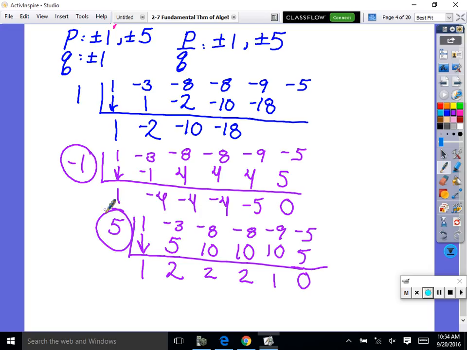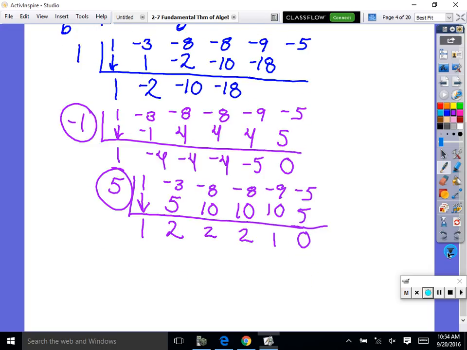So if we did synthetic division twice, that would take it from degree 5 to degree 3, right? So that still isn't the best. We like it to be quadratic. So I'm just going to continue to test -5. Putting in -5, 1, -3, -8, -8, -9, -5.